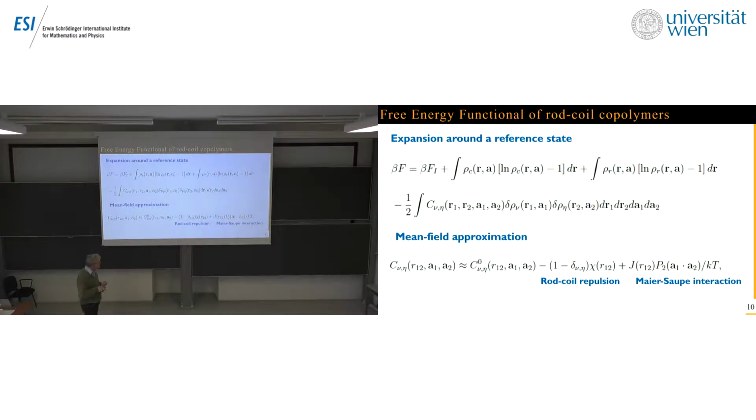So effective repulsion between rod and coil monomers, and the Maier-Saupe type orientational interaction, which would account for the orientational order in this system. So in this sense, that's just a minimal model which combines the properties of polymers and the properties of liquid crystals. We will return later to this, because we would have to calculate this. And this can be calculated actually using the existing results of polymer theory.